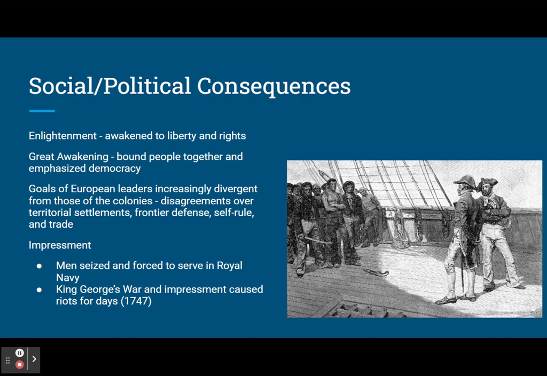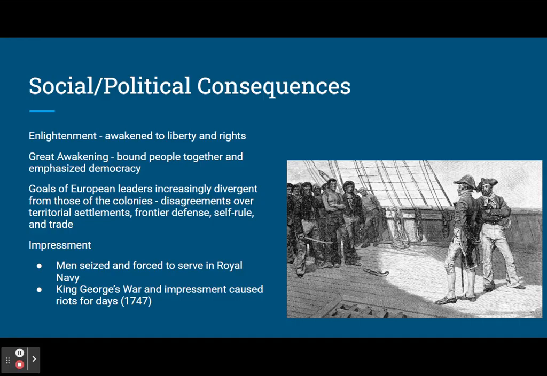This meant that basically, if you were a British man, and of course all colonial settlers, all the colonists living in the British colonies were considered to be British, you could be forced to serve in the Royal Navy. You didn't have to volunteer. They could just grab you off a ship or grab you off a shore and say, hey, you're in the Navy now. Congratulations. And they release you when they felt like it. So essentially, British subjects could be forced to serve in the British Navy for as long as they wanted them to serve.